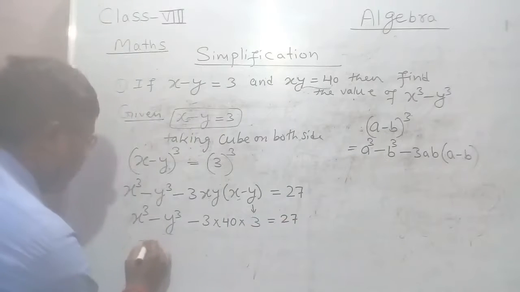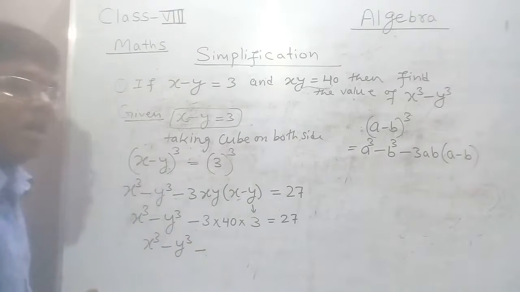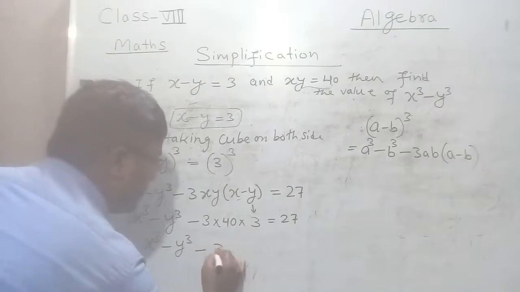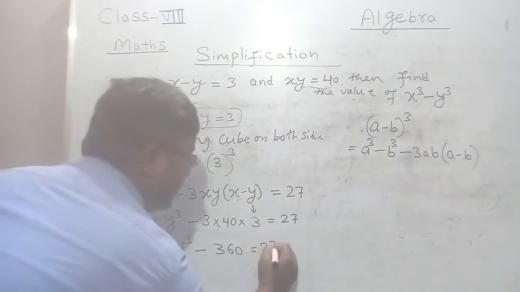Now x cube minus y cube, multiply this out, how much will you get? 3 into 40 into 3 is 360, equal to 27.